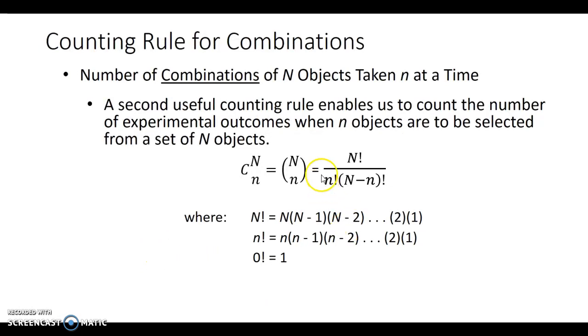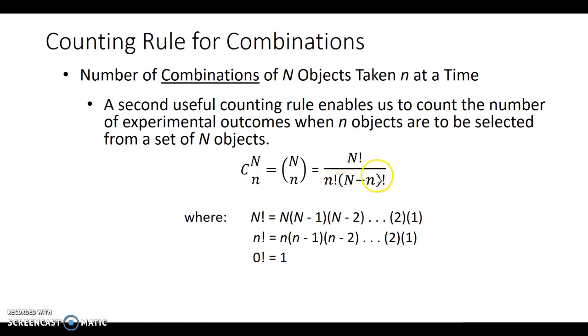Now, if we had 10 factorial, we're picking out of 10 objects, 10 shirts, the top of this would be 10 times 9 times 8 times 7 times 6 times 5 times 4 times 3 times 2 times 1. That can also be done on your stat calculator. We'll create a video later to show you how to do that. Little n factorial, that's the number of objects we're taking, so that would be 2 factorial. 2 factorial would be 2 times 1.